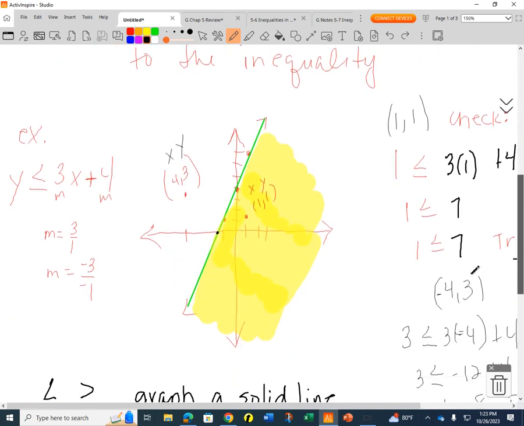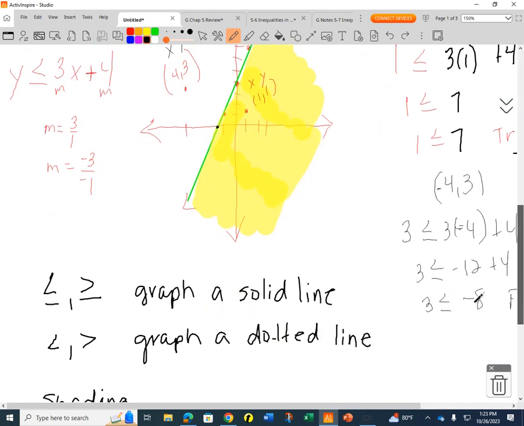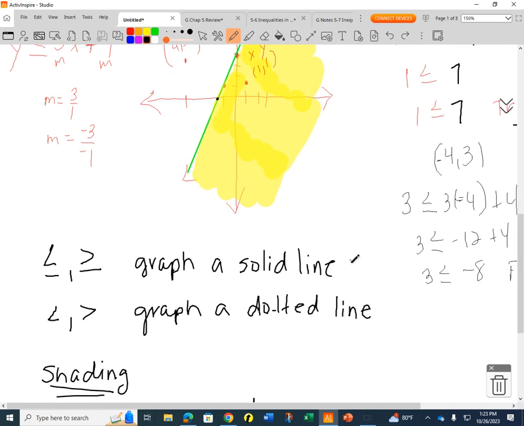I don't know if you have room to add it here, but if it's a solid line, the points on the line are part of the solution. I can't even read that. I don't know how y'all are going to read that. Hold on. So a solid line means all the points on the line are solutions to the inequality.